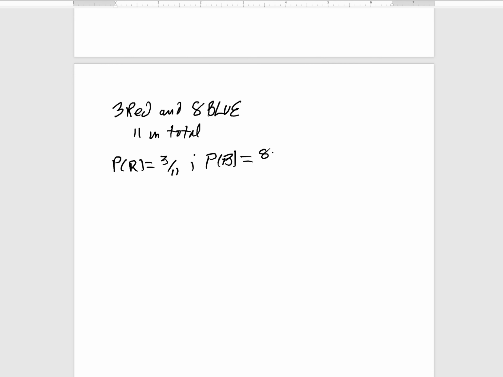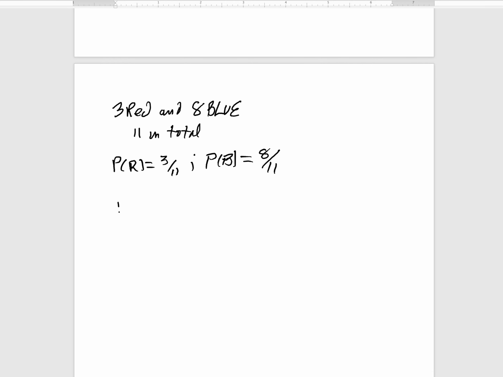We have 3 red and 8 blue. Since there's 11 in total, probability of red is 3/11. Probability of blue is 8/11. Okay. I can calculate what that is if I want to in decimals.